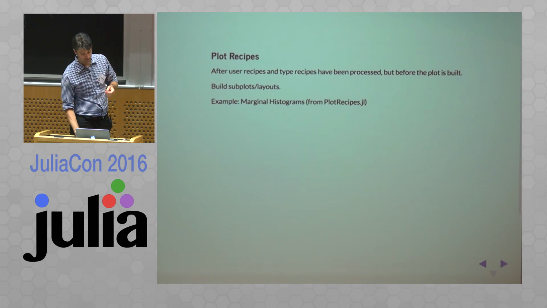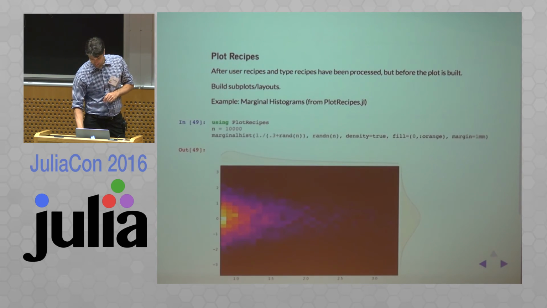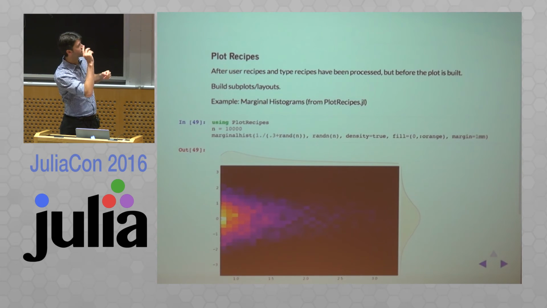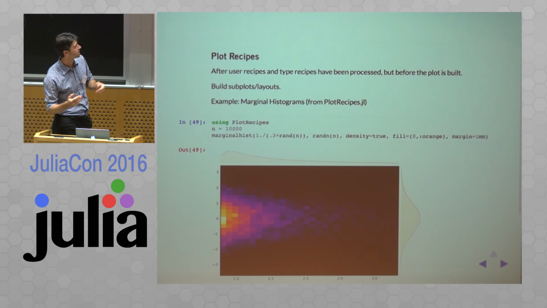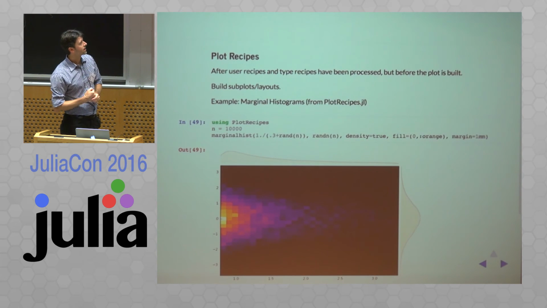A good example is marginal histograms, and this is implemented in plot recipes. This is a 2x2 grid where the top right corner is an empty plot, an empty layout, and you've got a 2D histogram with a histogram or a density plot.